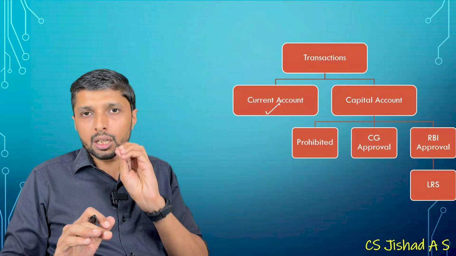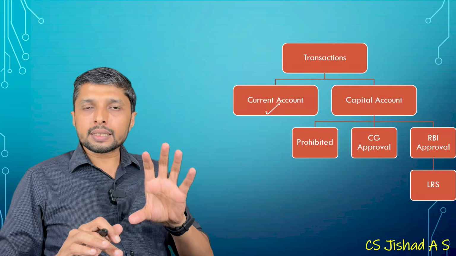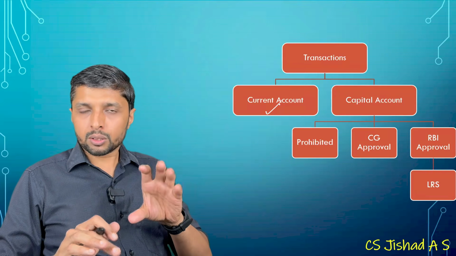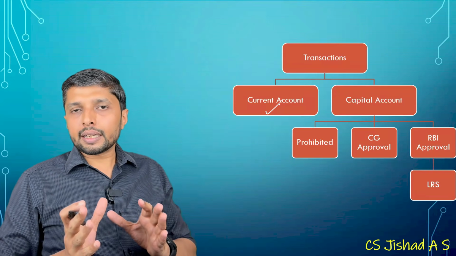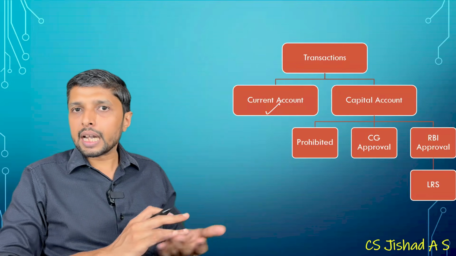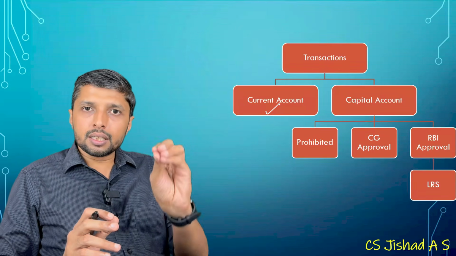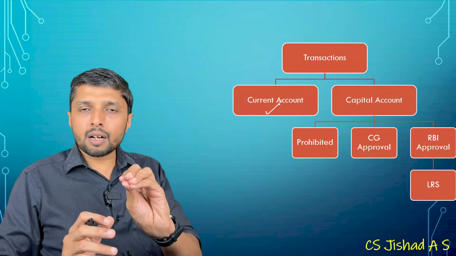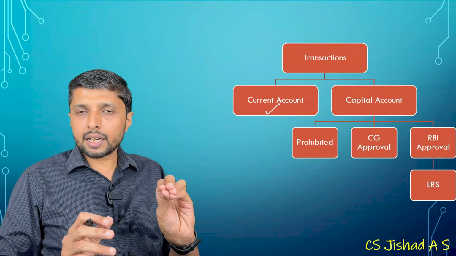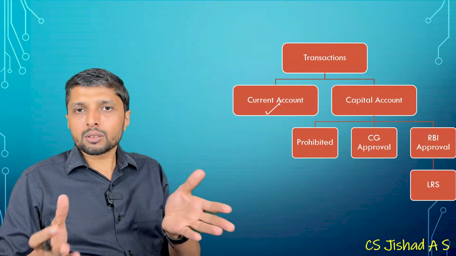It has to be noted that with respect to RBI approval, there is a Liberalized Remittance Scheme. It is not possible to get RBI approval for every transaction other than the prohibited and central government ones. There are prohibited transactions, and central government approval is required for 9 transactions. All other transactions require RBI approval, which is not practically possible.